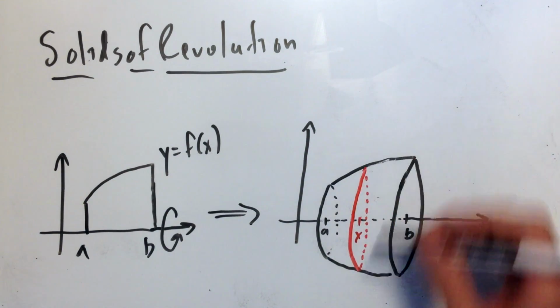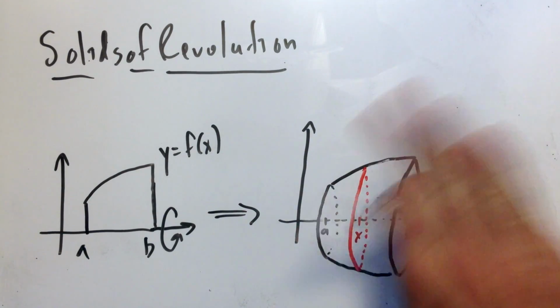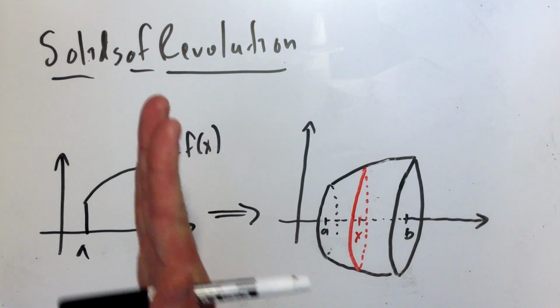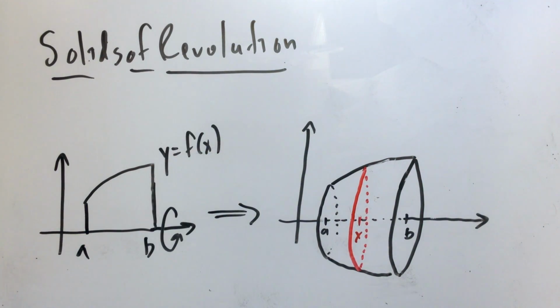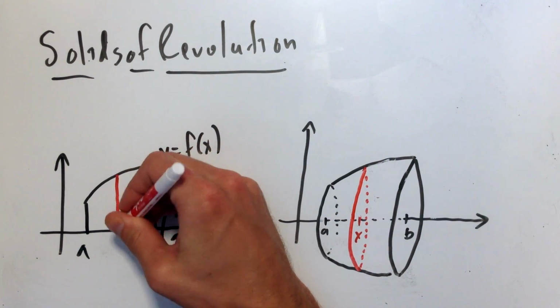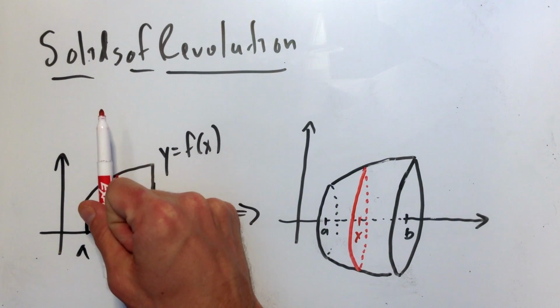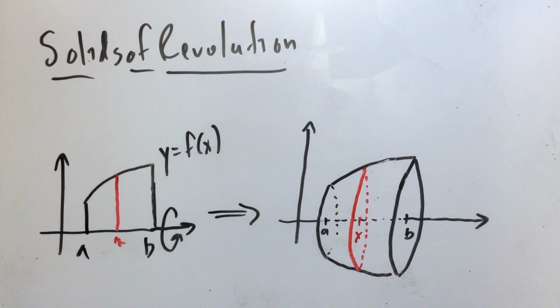So our original region was right here. We rotated it around, and we got a whole region swept out in space. The nice thing here is, since this entire region is made up out of rotating this thing, if we look at any cross-section, it's really the path that a line segment perpendicular to the x-axis makes as we rotate around the x-axis.